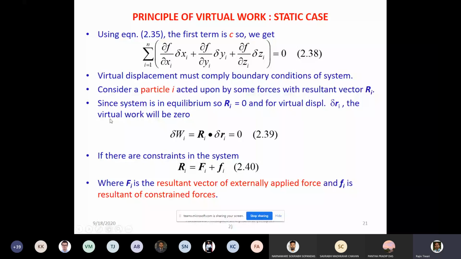And because the resultant Ri itself is 0, the product will be 0. So for the ith particle, when we give a variation delta r and it is in equilibrium, the virtual work done on that particular particle is 0.